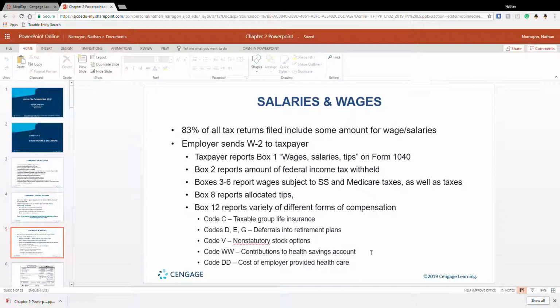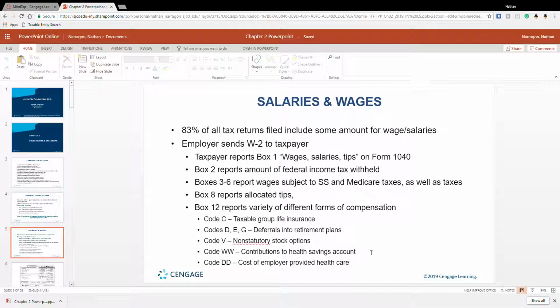First one is basically box number 1. Documents are pretty simple in how they work. They will actually label. So box 1 is wages, salaries, and tips, which is found on 1040. On the form 1040, it's usually line number 1 of your gross income. What is your wages, salaries, and tips? Box 2 is going to report the federal income tax withheld.